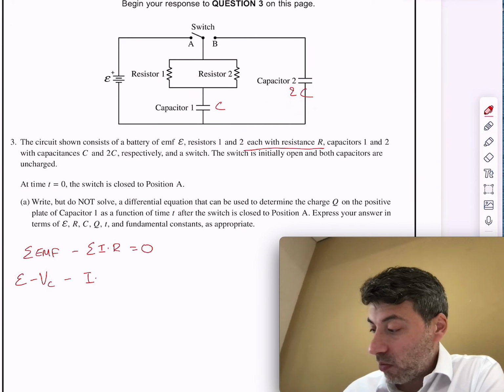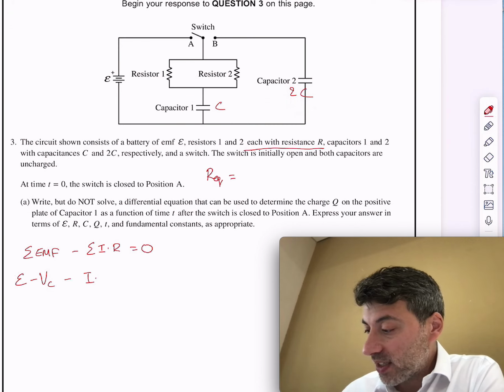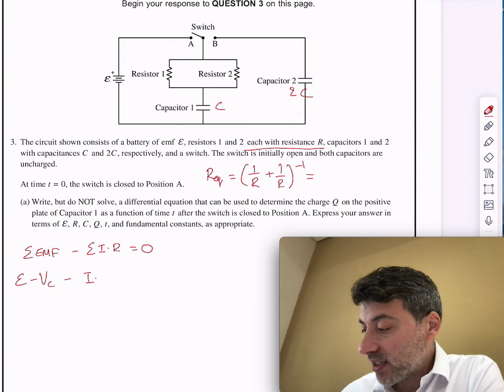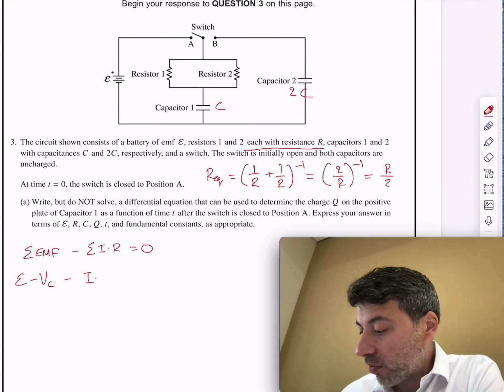Because they are in parallel, the equivalent resistance is (1/R + 1/R)^-1, which is (2/R)^-1, or R/2.